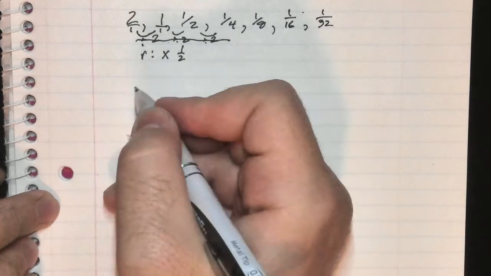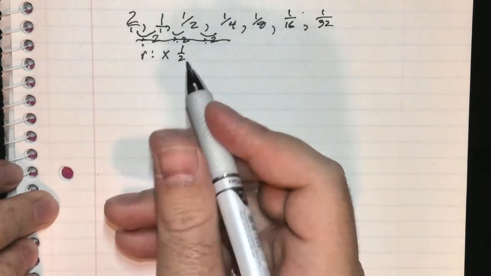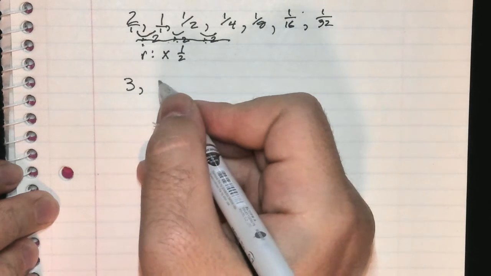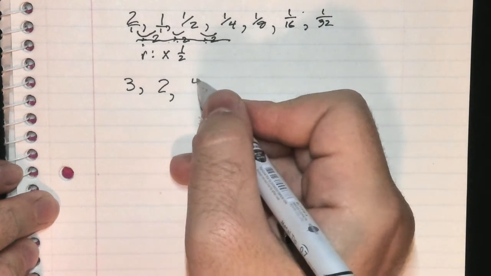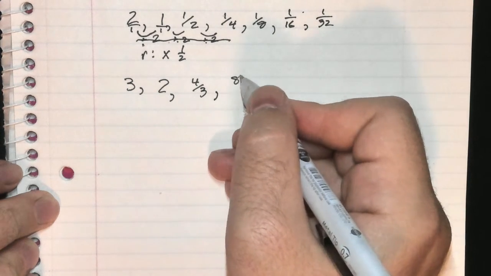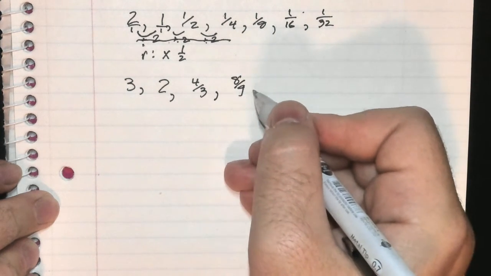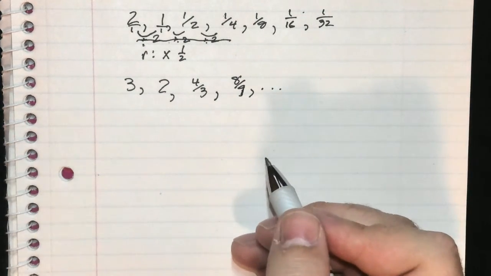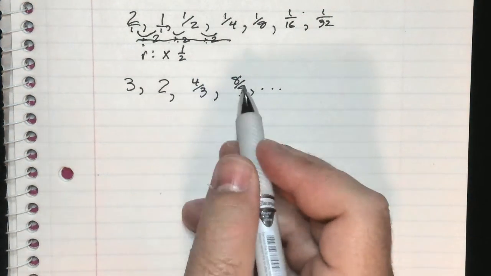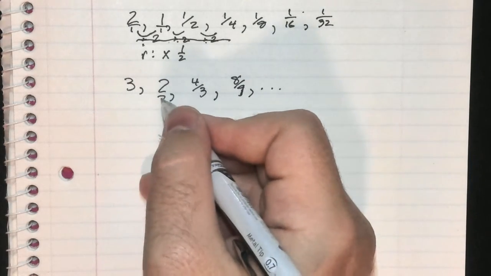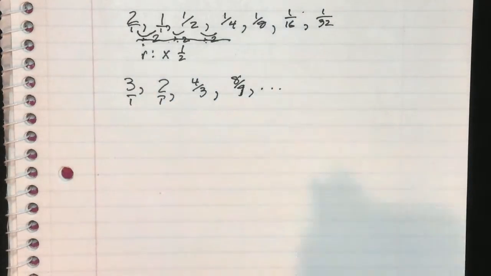This is a difficult problem: 3, 2, 4/3, 8/9, and so on. I'm going to tell you again, if you start seeing it go to fractions, rewrite these as fractions.